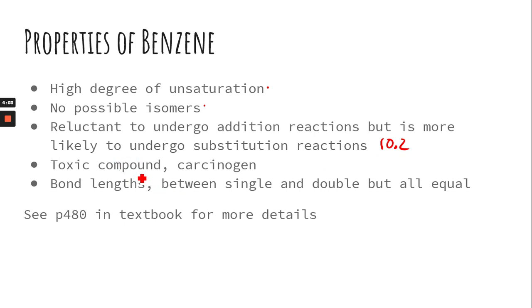A lot of you included that in your vocabulary, so it is a carcinogen. It can cause cancer. The bond lengths are between that of a single and a double bond. Sometimes you might see it written as a bond and a half because that double bond is there half of the time. But they're all equal, so there's no difference between them. There's a lot more information given in your textbook on page 480 if you would like more details.